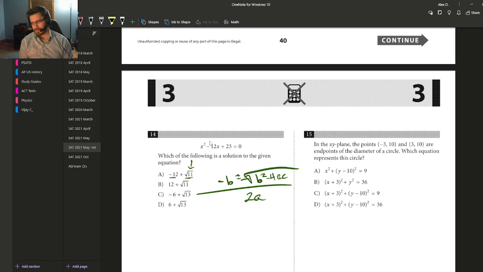So let's go ahead and just jam the values in here. So b is -12, so the opposite of that is 12. That gets rid of our negatives right away. We only care about the plus version. B squared is 144 minus 4 times a times c. 4 times 23.